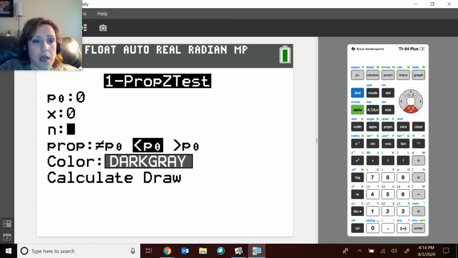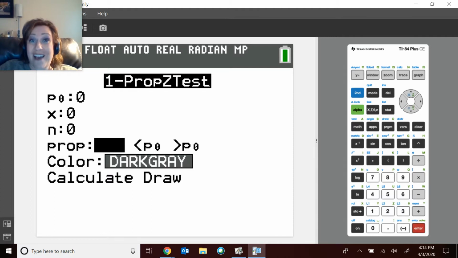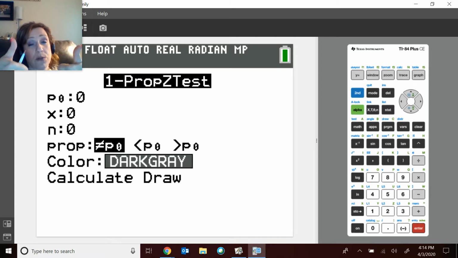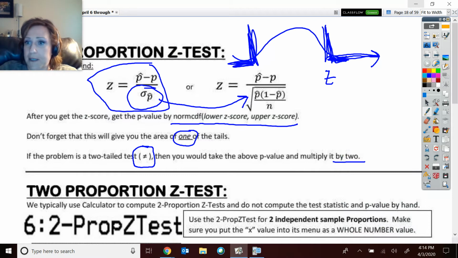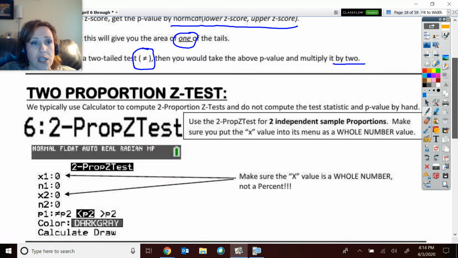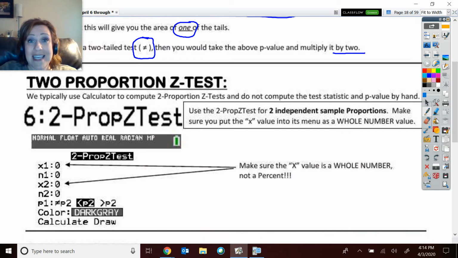But if you had a two-tailed test on this one, then the calculator already does the combining of both tails together when it gives you an answer. So the calculator does the doubling for you. You don't need to then double it. All right, so let's take a look at that two proportion z-test calculating.